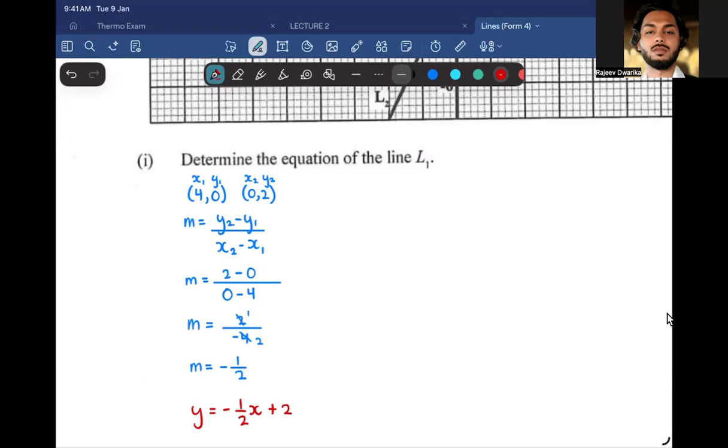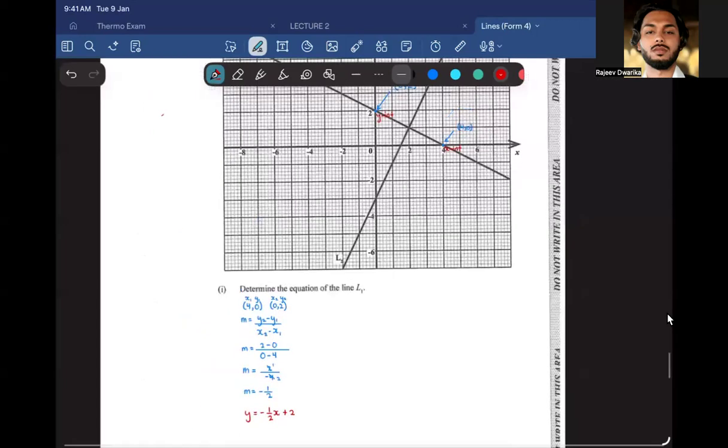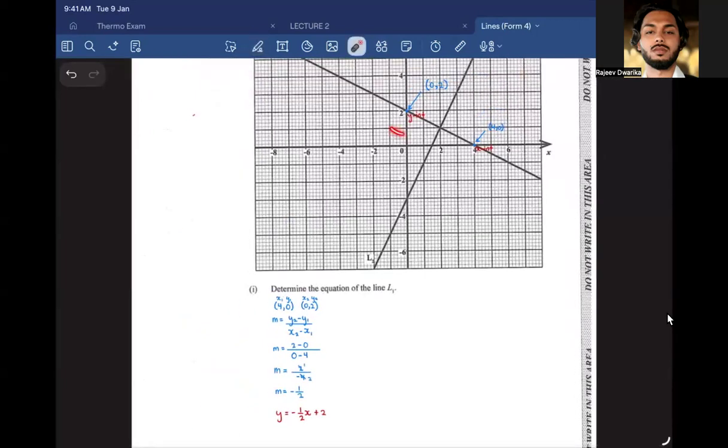They give you the y-intercept. Maybe you were thinking, nah, that can't be that easy, and you did all that working. So this is literally it.